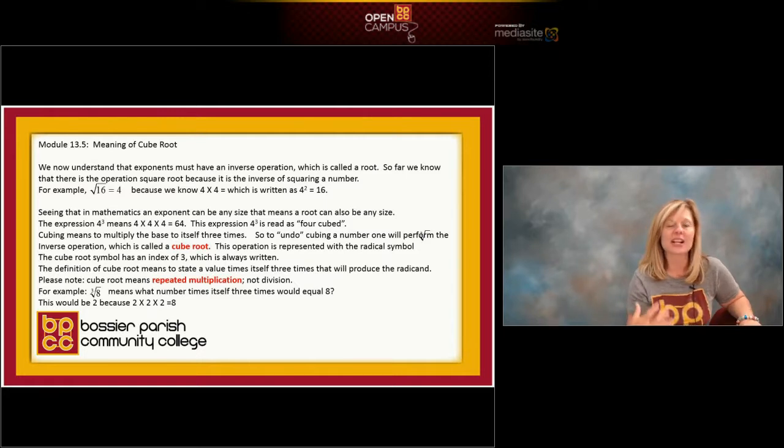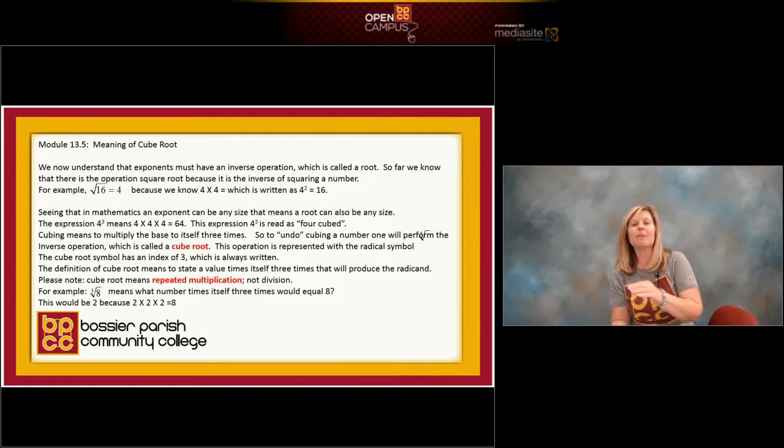If I read that expression as 4 cubed, then there's got to be an opposite operation to cubing. And the opposite operation to cubing would not be square root. That doesn't make sense. The opposite of squaring is square root. So the opposite of cubing would be a cube root.